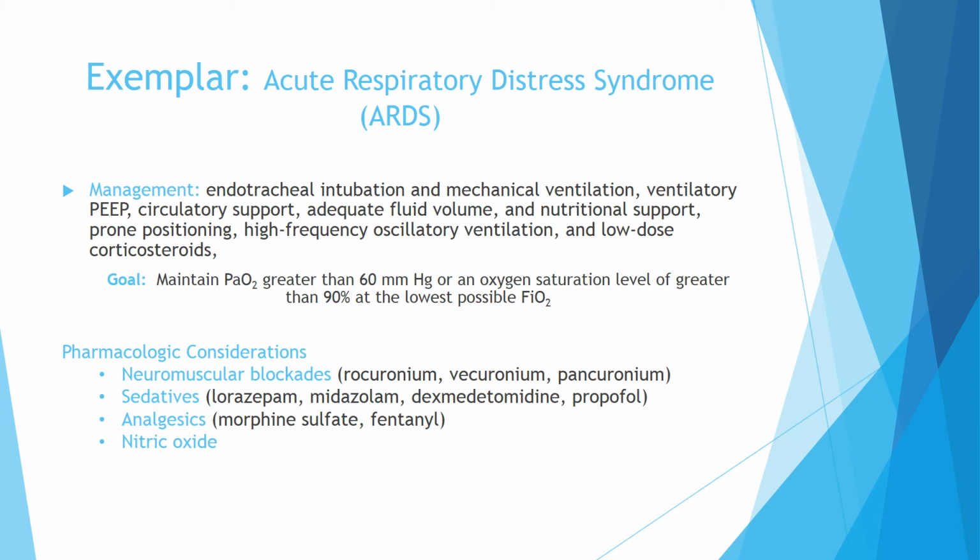Circulatory support. So sometimes when patients have higher levels of PEEP on their mechanical ventilator, it puts so much pressure into their intrathoracic cavity that it causes a decrease in the venous return to the heart, okay? So you remember the veins bring all the blood back from the rest of the body back to the heart to start the process over again.